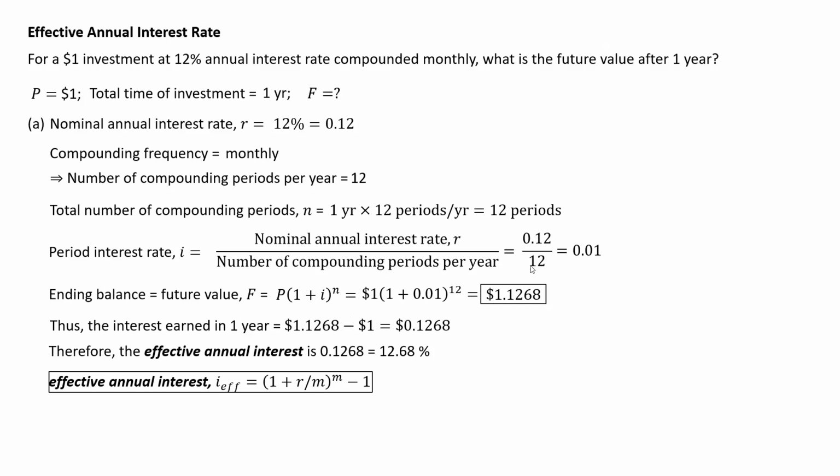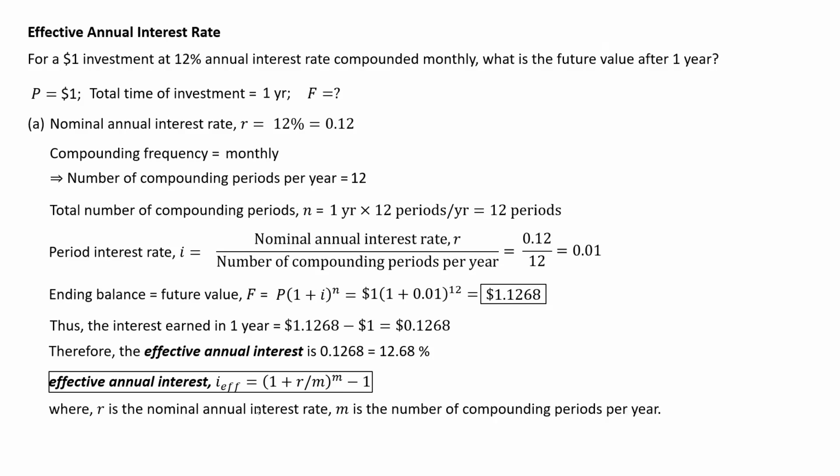M is the number of compounding periods per year, there are 12 compounding periods in 1 year, raised to M, minus 1. So the minus whatever you invested. That is the effective interest rate, where R is the nominal annual interest rate and M is the number of compounding periods per year. Cool? All right.